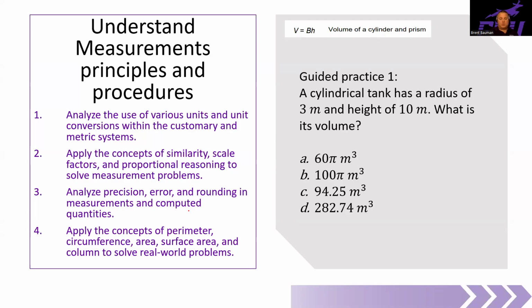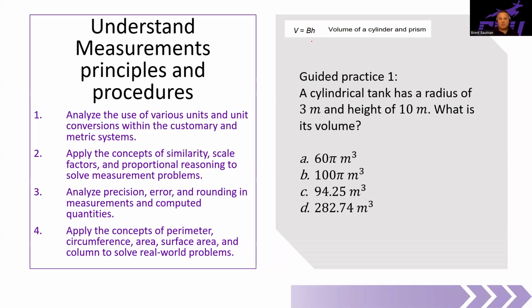Okay, so hopefully you looked through and identified that we're dealing with the volume of a cylinder. On your reference sheet, when you're working with the exam, it gives you the formula in this form: volume equals capital B times H. B is referring to the base of whatever you're working with.